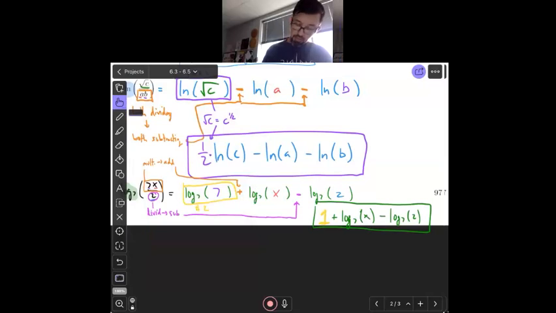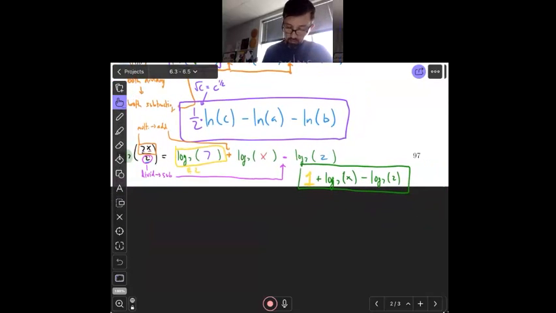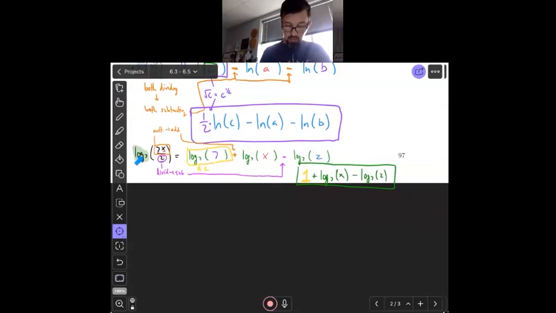So there would be my expanded logarithm. So log base 7 of 7x over 2 equals 1 plus log base 7 of x minus log base 7 of 2, our expanded logarithm.